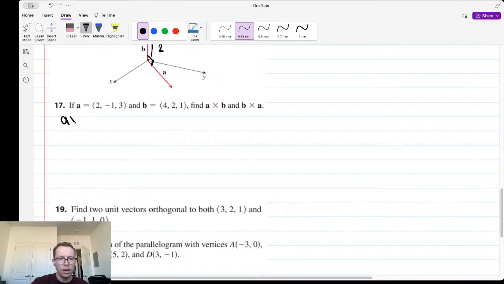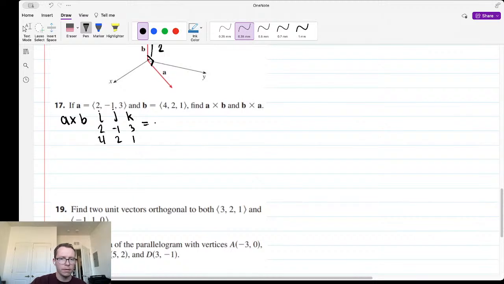So A cross B, we'll have our I, our J, and our K. So 2, negative 1, 3, and then 4, 2, 1.